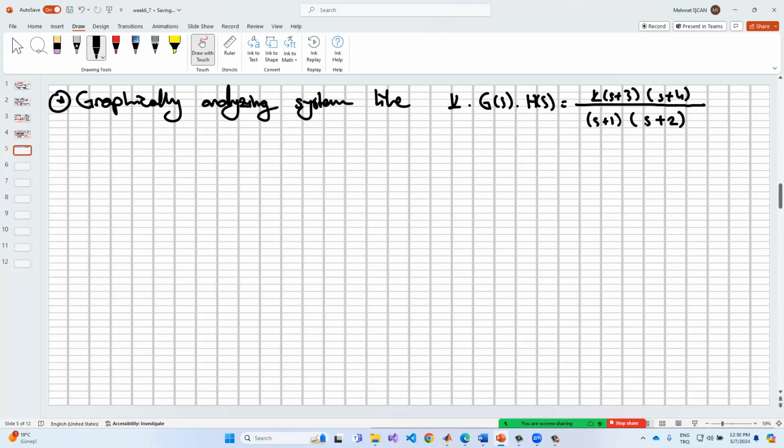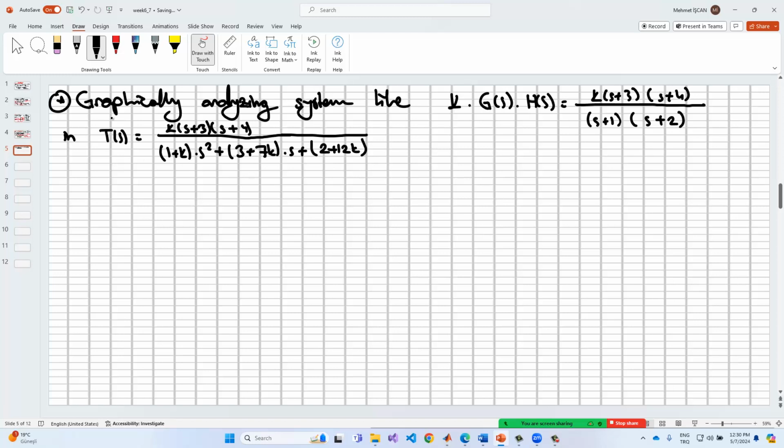We have two poles and two zeros in here, and we can write that T(s), the closed loop transfer function, is k(s plus 3)(s plus 4) over (1 plus k) times s squared plus (3 plus 7k) times s plus (2 plus 12k).